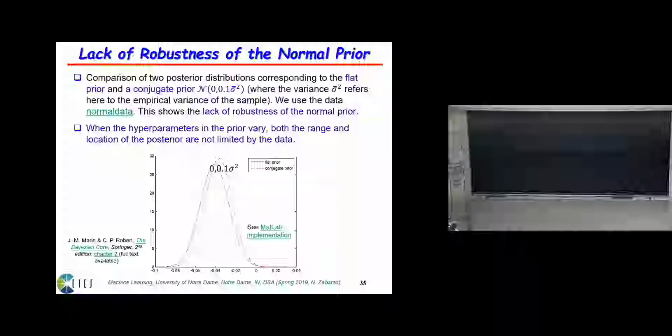It's obviously a Gaussian data set, so the likelihood is Gaussian, and we use priors, one that is flat and another one that is Gaussian around 0 with some small variance, and you can see the posterior changes significantly. In this problem, if I remember, you have lots of data. So if you have lots of data and a small change in the prior makes such a change in the posterior, that's an issue that you need to be concerned about.